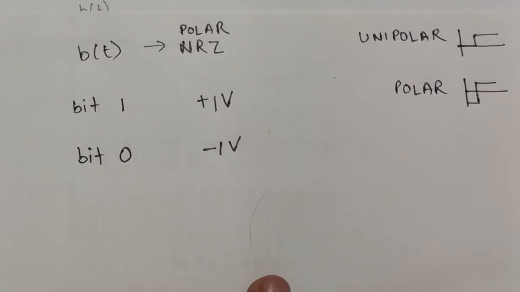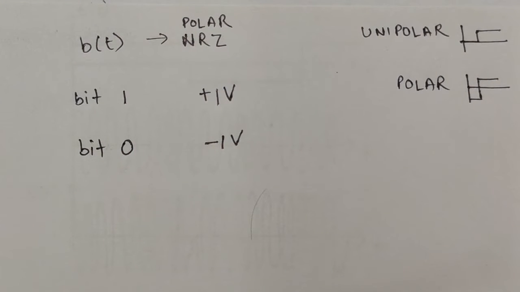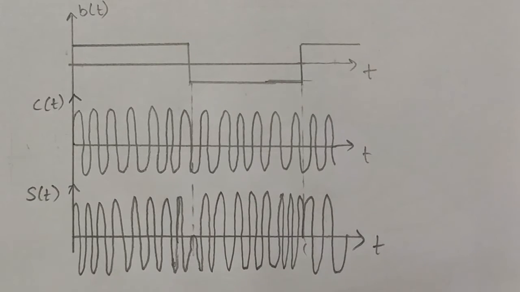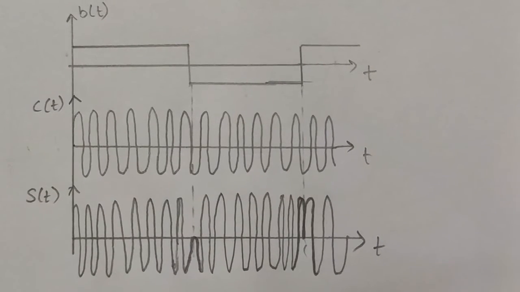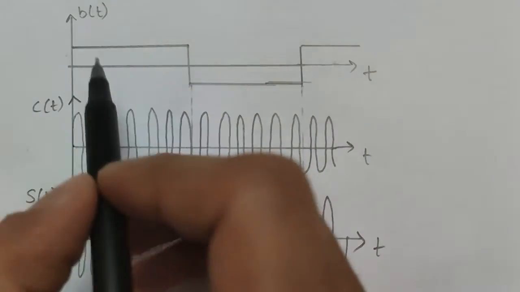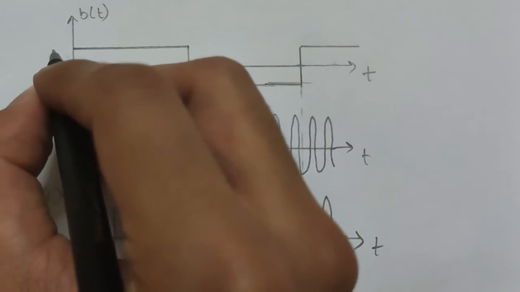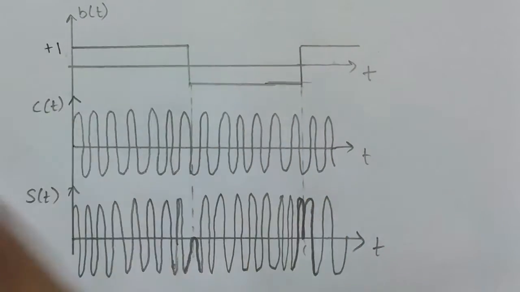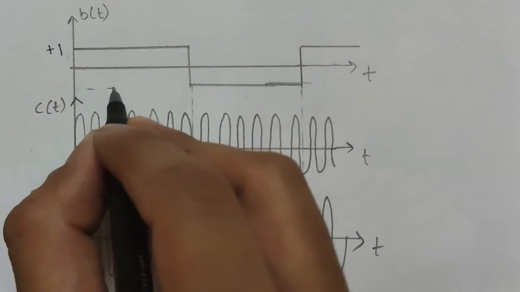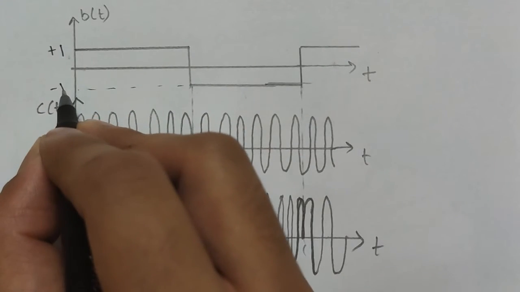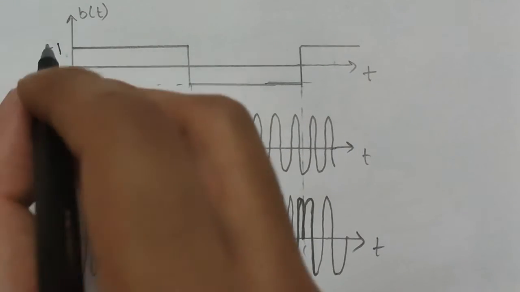We can take any values depending upon our system. Now, with this, we will understand this. This is my message signal. For bit 1, we are supplying a positive voltage, and for bit 0, we are supplying a negative voltage.